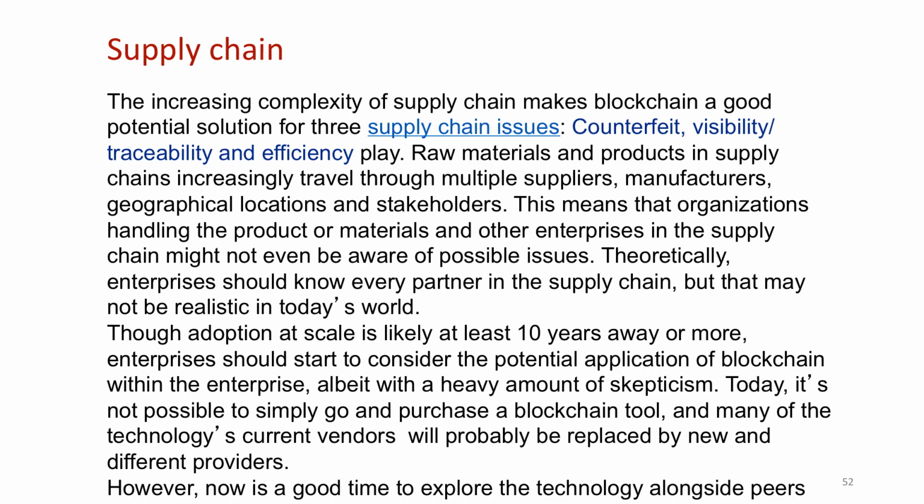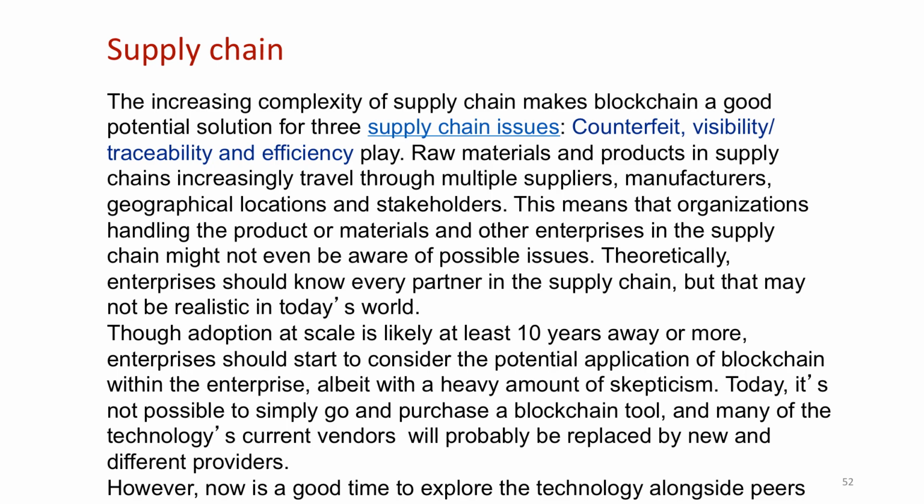I have a slide here in this presentation on the real success stories, what really happens up to date, and where people enjoy real success. We have three issues in supply chain: counterfeit, visibility, traceability, and efficiency. Efficiency is obvious: it's faster, better, or cheaper. But traceability and visibility have other aspects in supply chain.